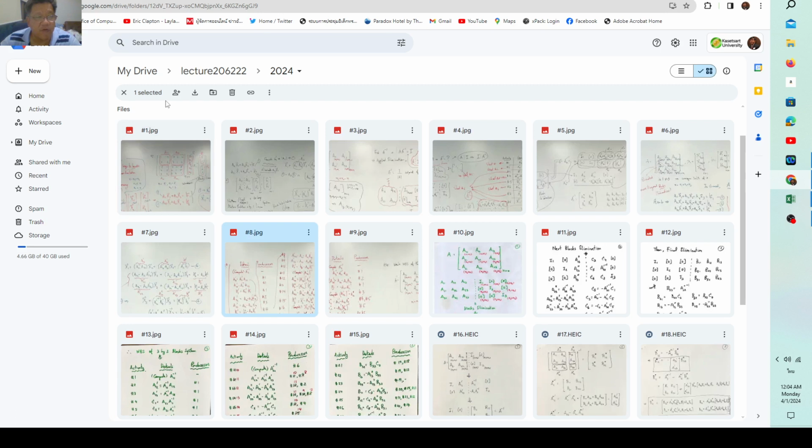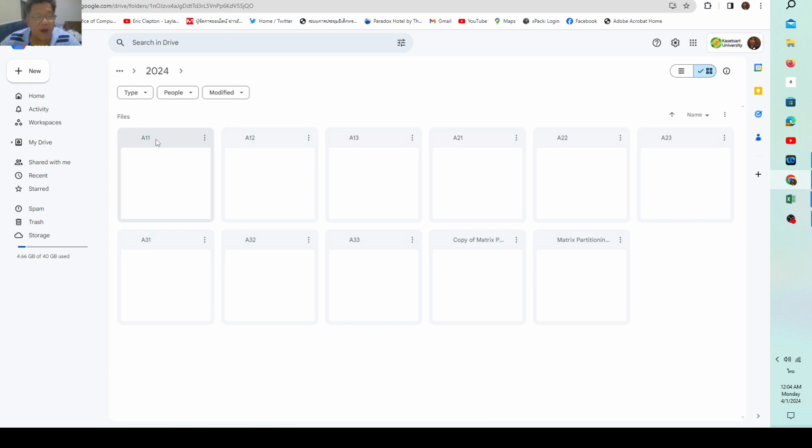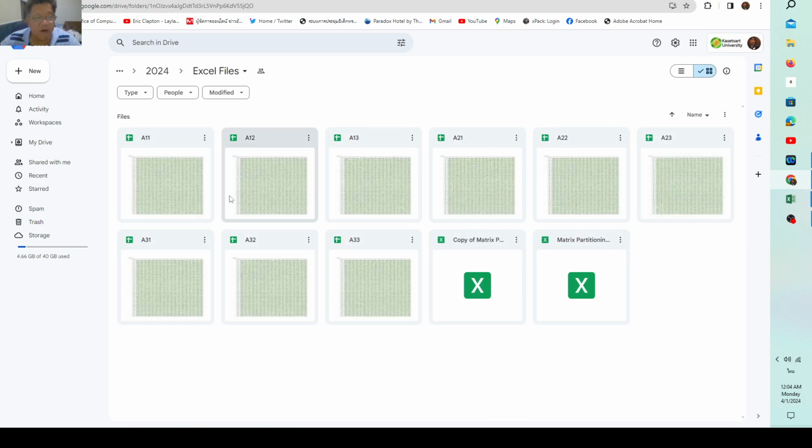But also we have given you this Excel file, Google Sheet of the submatrices of A11, A12, A13, A21, A22, A23, and A31, A32, and A33. Each of them has a size of 1000 by 1000, right?